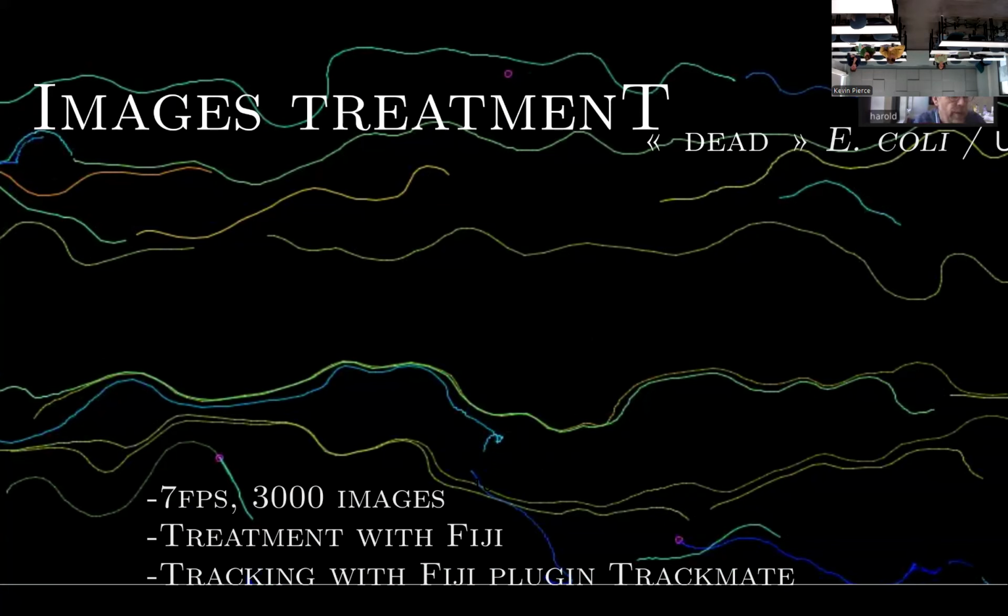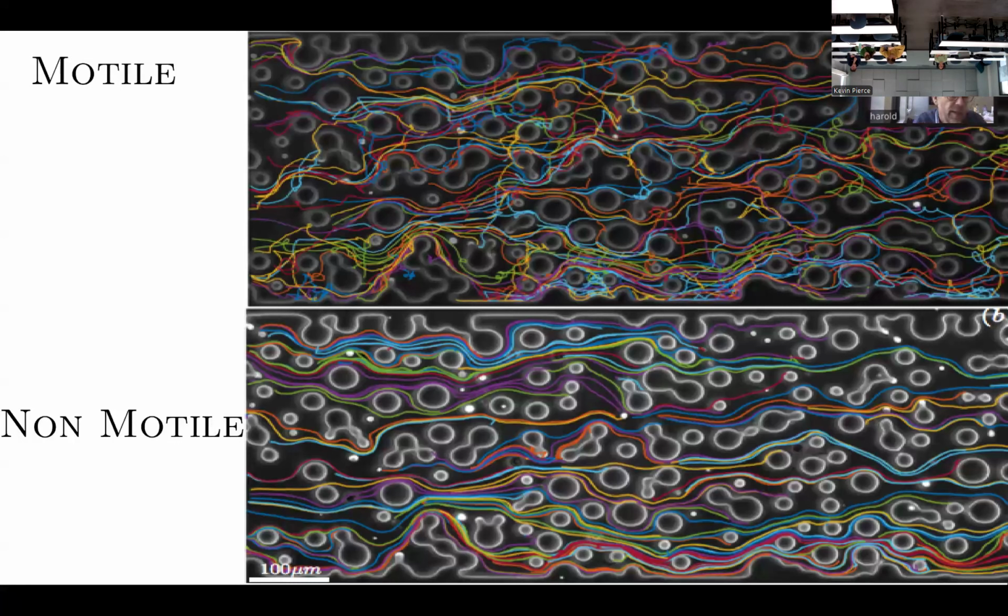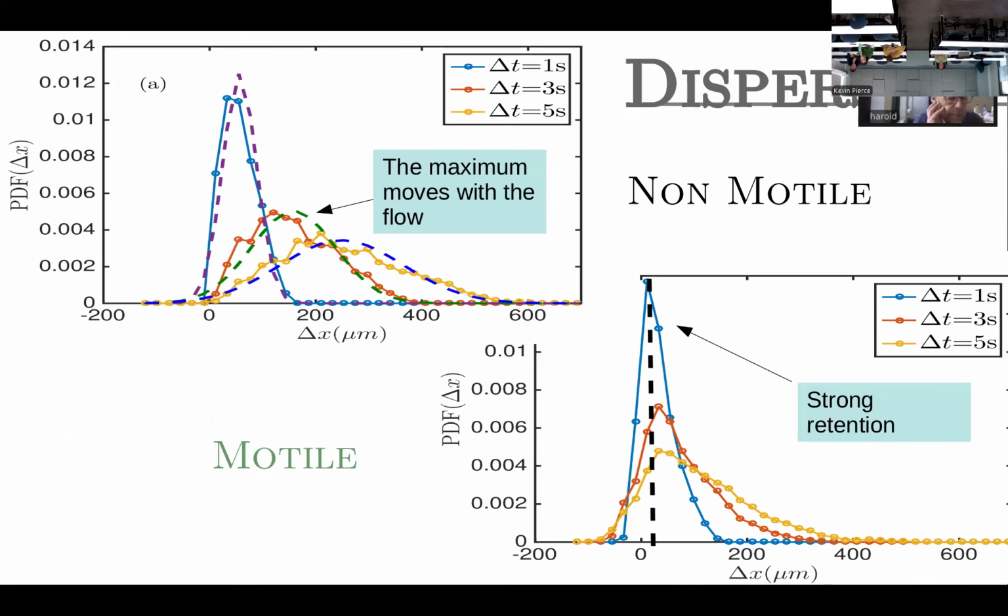What I will compare now are the trajectories of motile E. coli bacteria with the trajectories observed with non-motile bacteria. You see on the two pictures examples of trajectories that we measured. And I will now compare the properties of those trajectories.